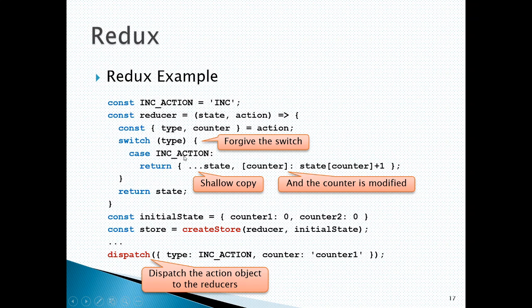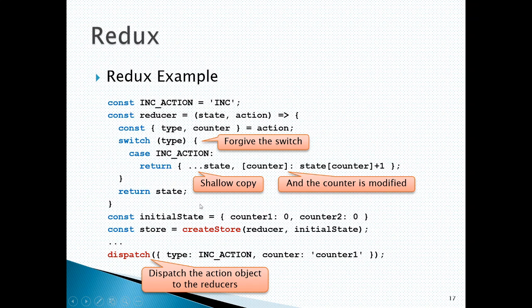If the action is the increment action, then it takes the state with the spread operator, a shallow copy, makes a copy of the current state, and adds the counter into it. You know, this is like array concatenation. As we have seen in our last lecture, we have actually added a new state with the incremented counter. And we are returning the new state.